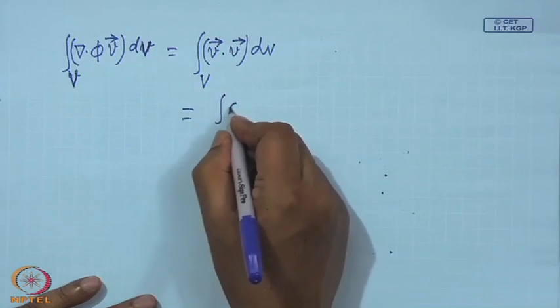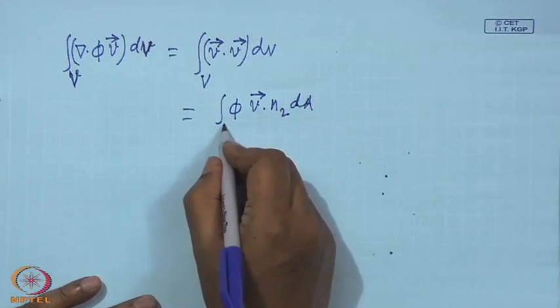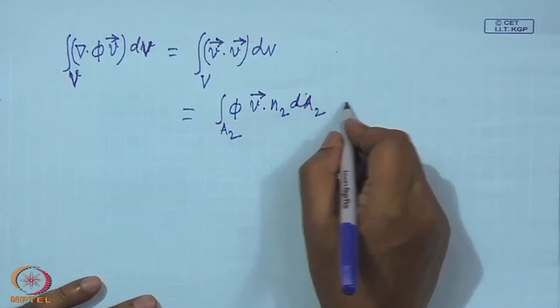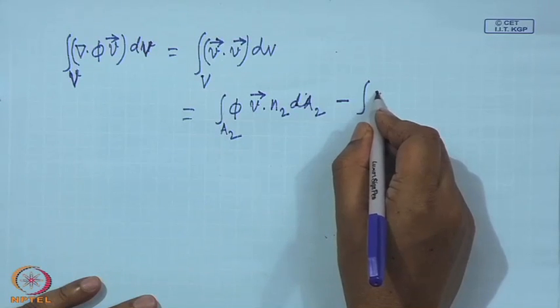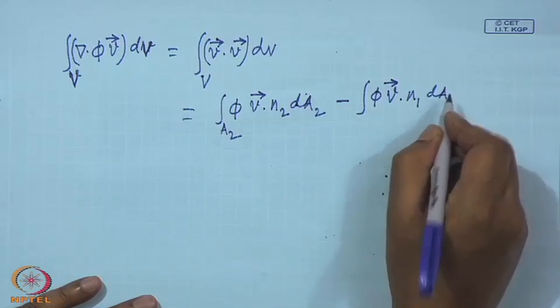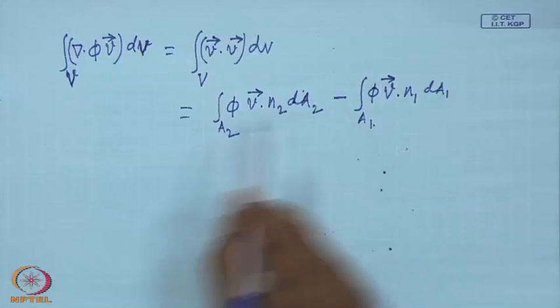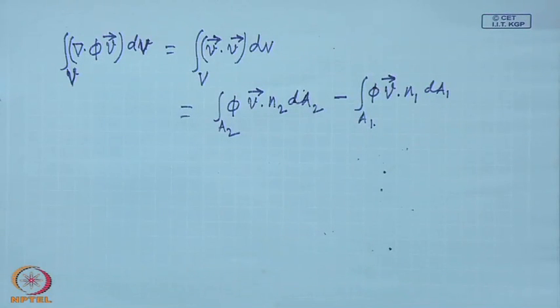N2 is here. So, it will be phi V dot N2 dA over A2, or you can write dA2, it does not matter, minus phi V dot N1 dA over A1. The two terms have different signs, because with respect to the fluid domain the two normals have different directions.